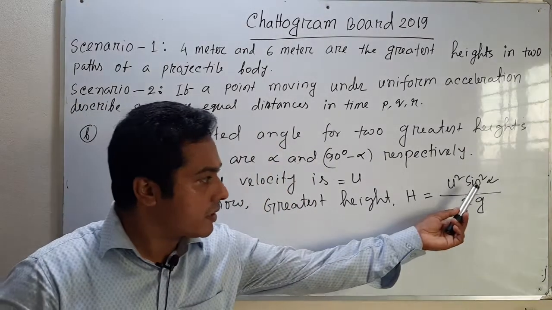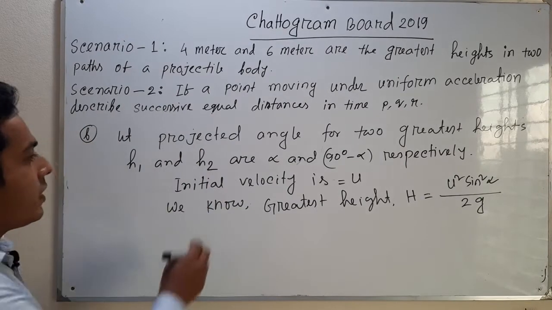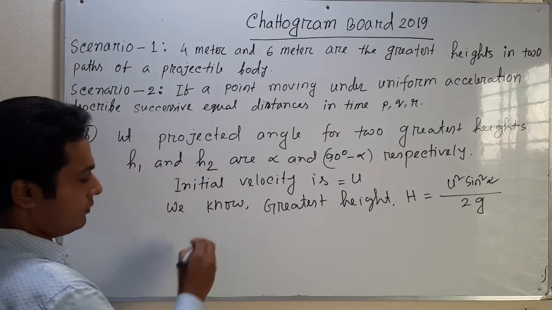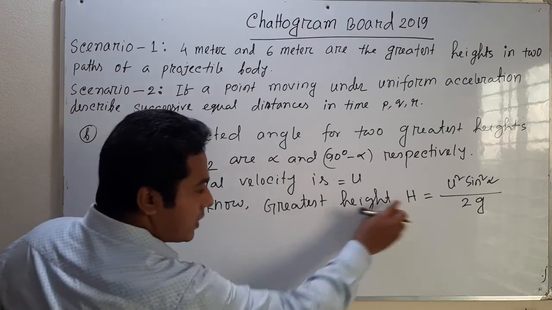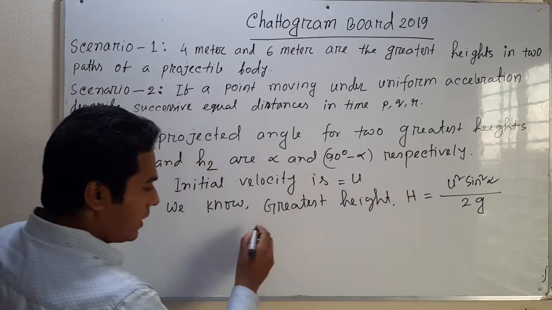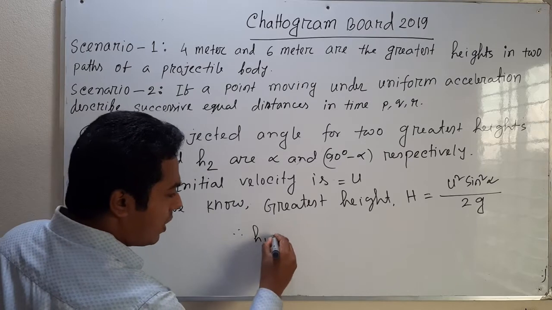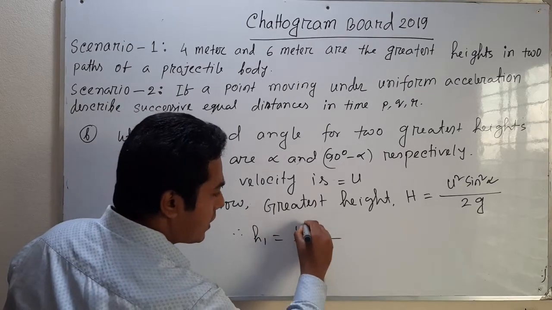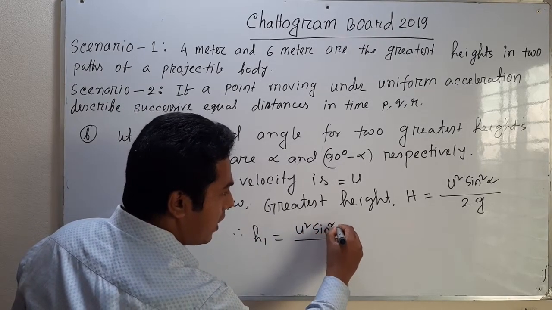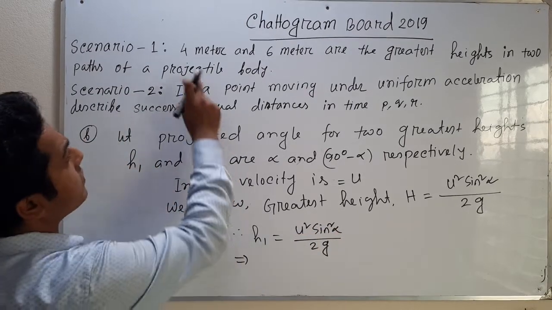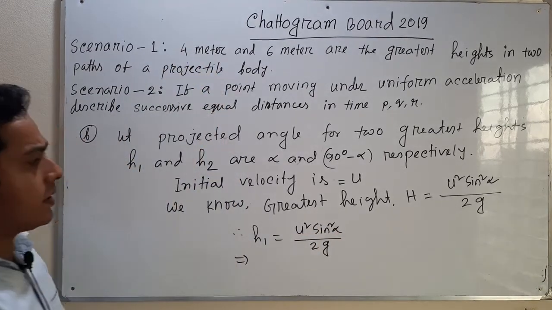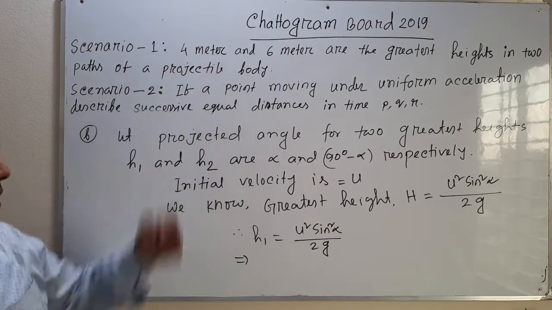Now for h1, the angle is alpha, so h can be replaced by h1. So h1 is equal to u square sin square alpha divided by 2g. Here h1 is equal to 4 meter.